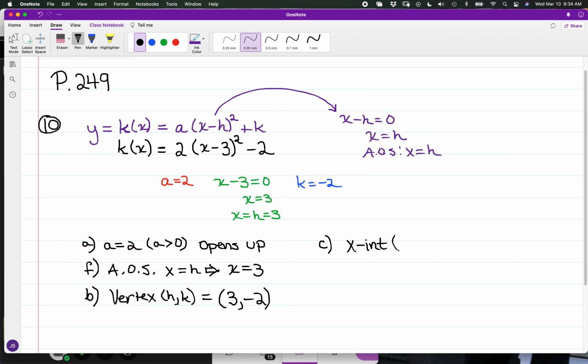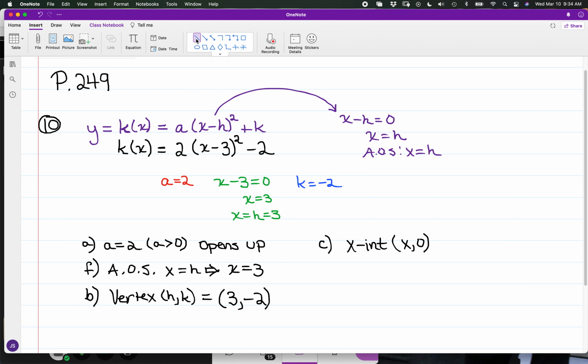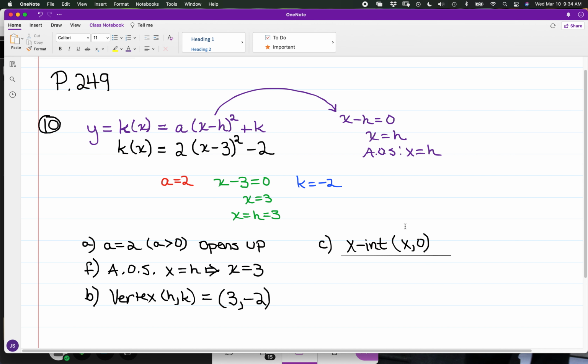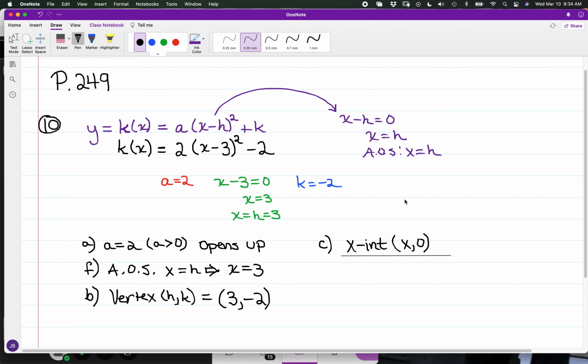So with the x-intercept, again, the general coordinates are x, 0. And for what we have here, we're looking at solving for x whenever y is set equal to 0.